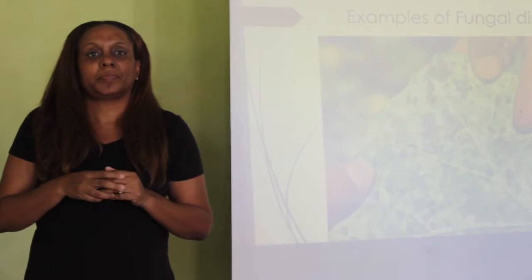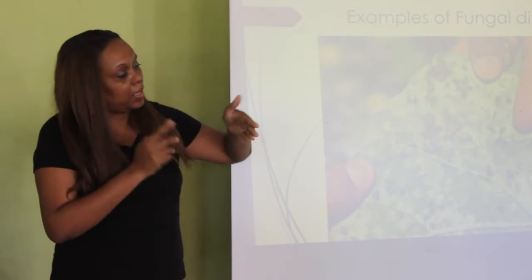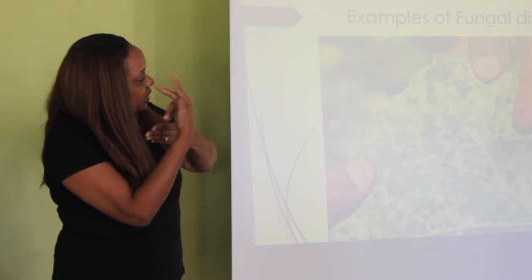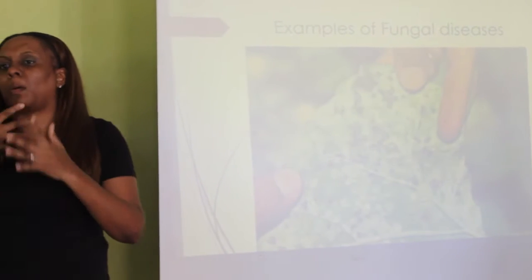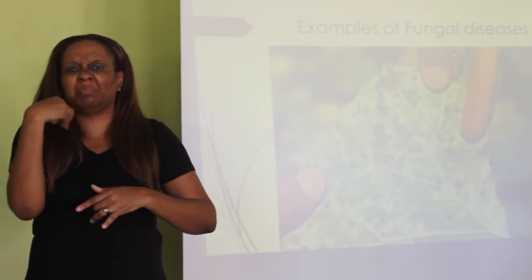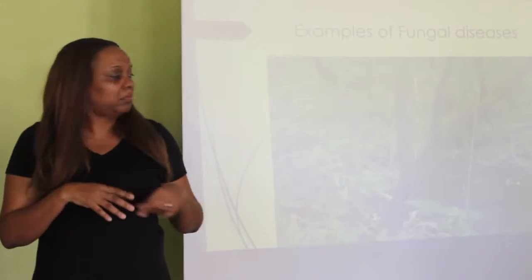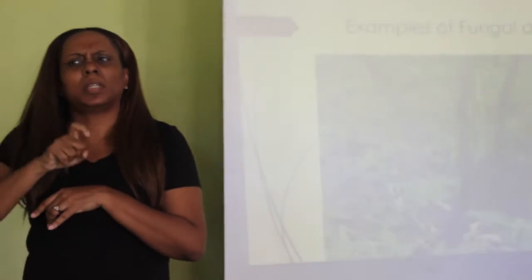And this is how you may see it on the underside of your leaf. It may start white, and then it may start to break out into these disease-like conditions here. So it's important that when you're farming, you look for insects or disease.